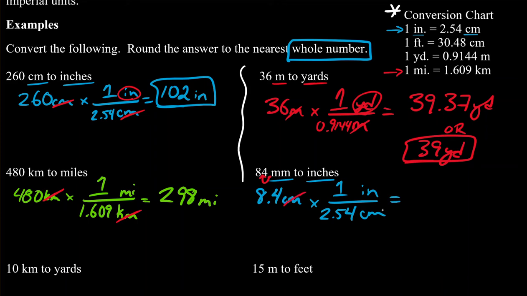My centimeters and centimeters will cancel out. I end up getting, it seems just unfortunate we have to round to the whole number, 3.307 inches, or 3 inches, because it's asking us for the nearest whole number.